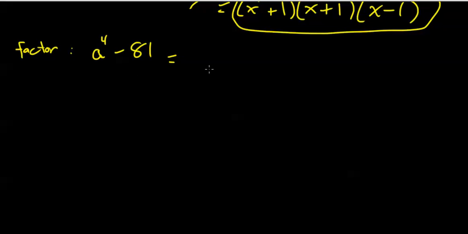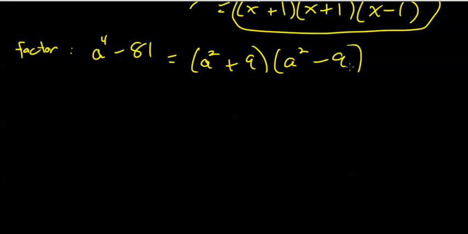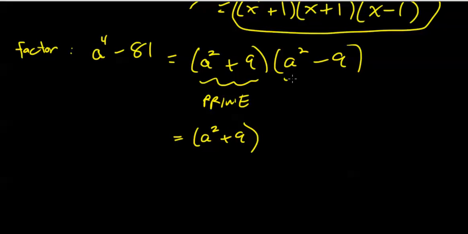Alright, well, I'll bypass the training wheels and I'll rewrite this as a squared plus 9 times a squared minus 9 as before. And again, this sum of squares is prime. Sum of squares is always prime. So I'm going to carry that factor down to my final answer. And this is a difference of squares also.